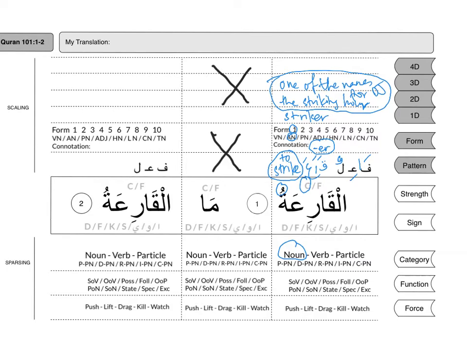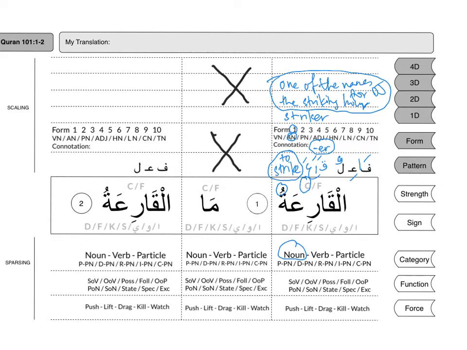So at least for this slide you can see all that. The noun al-qari'ah is definite with an al. There are many possibilities of functions here, but I'll just stick with one. The rest may be shared in live sessions.